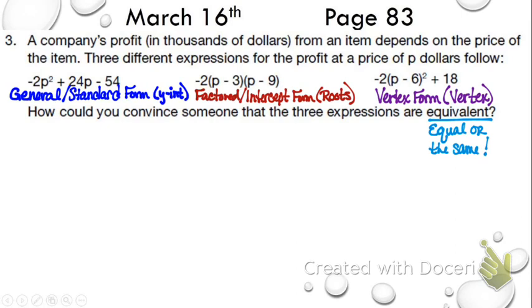So the way you would convince somebody that these are all the same, we're going to put them all in the same form. Since we know how to get from factored form into standard form, and we know how to get from vertex form into standard form, I vote that we put them both into standard form.